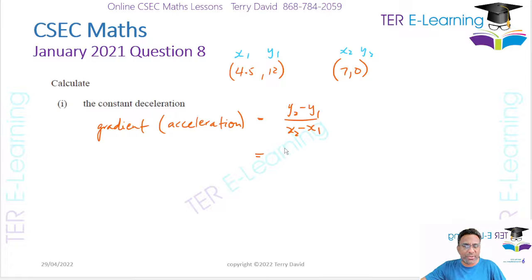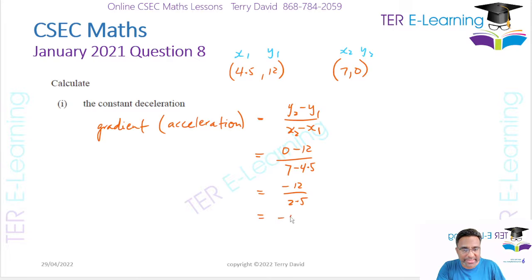In this case, it's going to be 0 minus 12 over 7 minus 4.5. So that's going to be minus 12 over 7 minus 4.5, which is going to give me what? 2.5. So minus 12 divided by 2.5, and you're going to get 4.8.